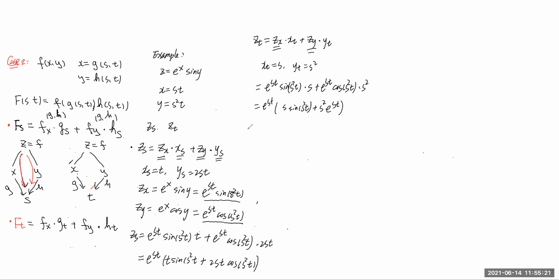So finally we get z_s is e^(st) sin(s squared t) t plus 2st cos(s squared t). Sorry, I made a mistake here. z_t is e^(st) s sin(s squared t) plus s squared cos(s squared t). So chain rule is very important.